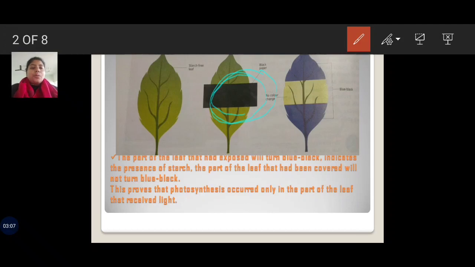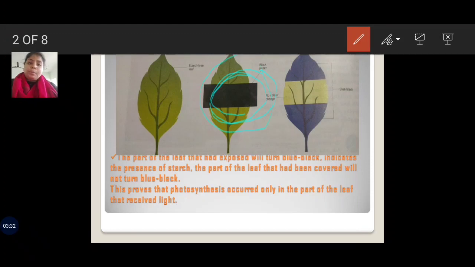Now, after this, students, you have to pluck the leaf that you have covered. During the evening, a little while before the setting of the sun, you will take this leaf out.